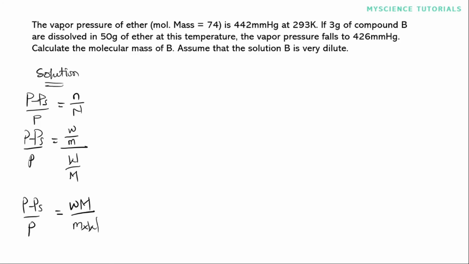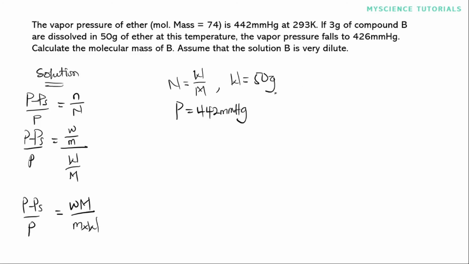Alright, now let's look at our question. The question is telling us the vapor pressure of ether is this. Ether is the solvent, so the capital N has the molar mass, which is capital W over capital M. We have the vapor pressure of pure ether, that is just P, which is 442 mmHg. Then the question says 3 grams of compound B is dissolved in 50 grams of ether, so the mass of ether, which is the capital W, is 50 grams.